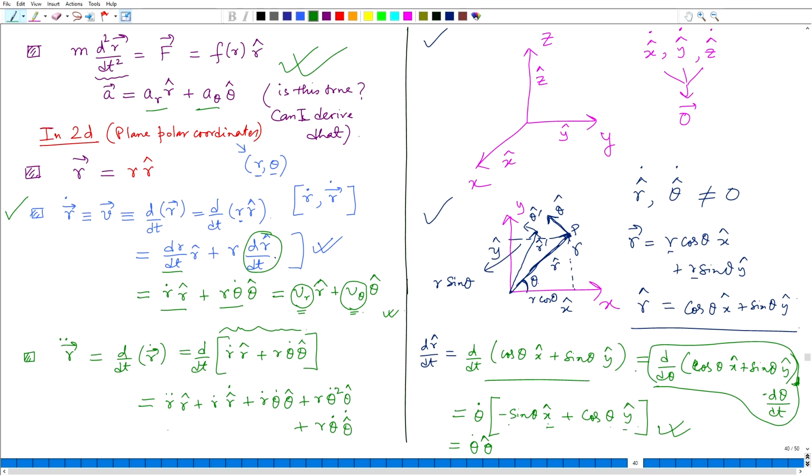Okay. Now, you see one term is along r cap, one is along theta cap.